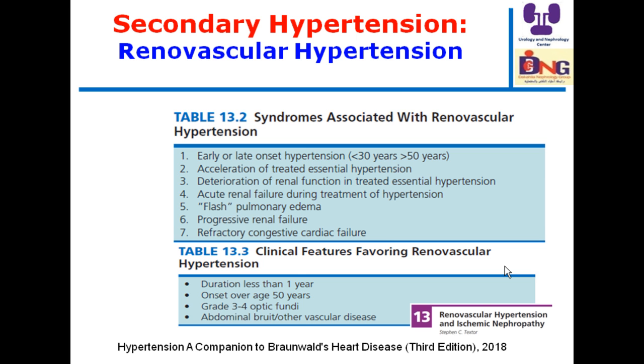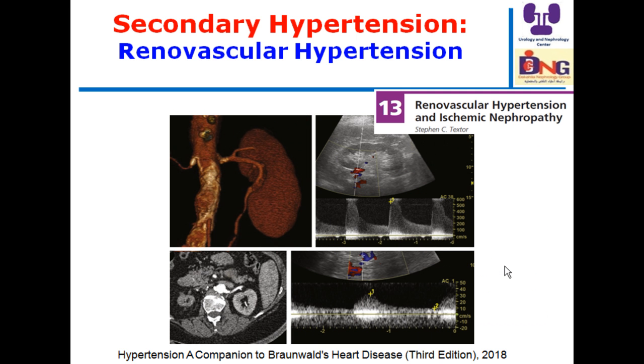This is an interesting point because here I want to discuss with you how to diagnose renovascular hypertension. This is the CT scan from a 72-year-old woman with a solitary functioning kidney. Duplex ultrasound revealed artery stenosis because the peak systolic velocity is exceeding 5 meters per second, reflecting a severe degree of vascular occlusion. Although the nephrogram appears well preserved, here you find a tardus parvus wave suggesting artery stenosis.